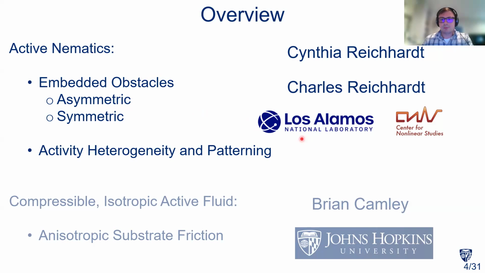This was work done in my previous postdoc at Los Alamos with Cynthia and Charles Reichart. There we looked at two different scenarios: one where there are embedded obstacles in the active nematics, and another where there is activity patterning, or heterogeneity in the active force distribution.